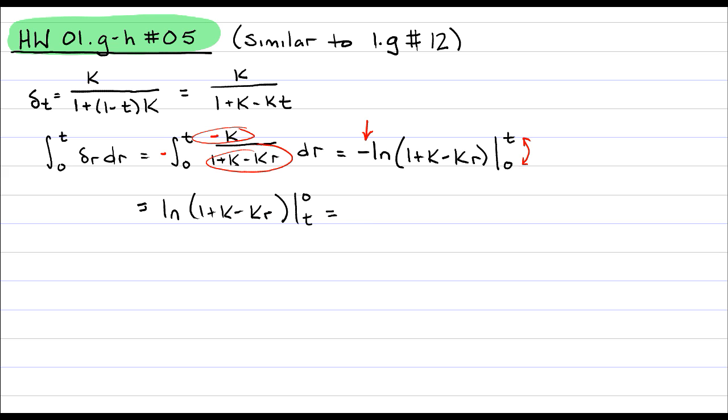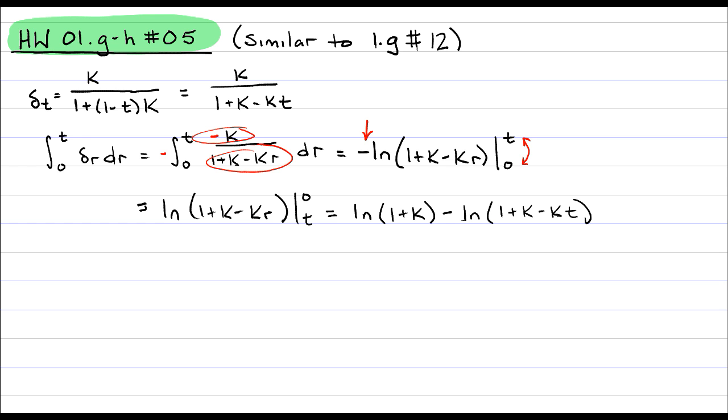Now I plug in my limits of integration. When I plug in 0, I get the natural log of 1 plus k. Minus, when I plug in t, I get the natural log of 1 plus k minus kt. That was all a little bit of a mess.